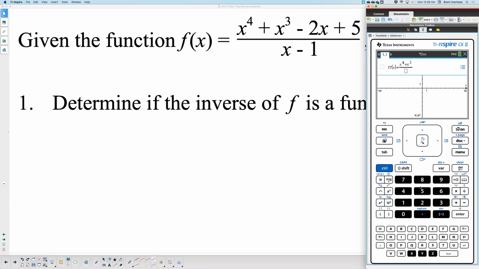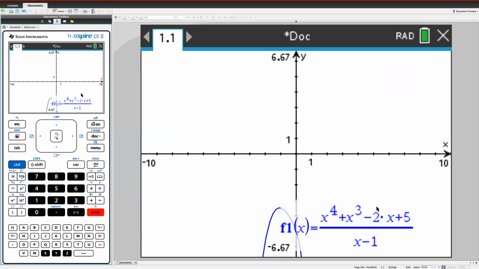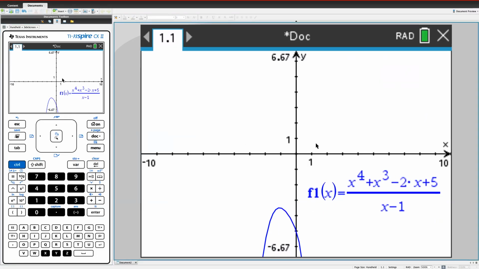Back up to the numerator: minus 2x plus 5, and x minus 1. Here's your equation: x to the 4th plus x cubed minus 2x plus 5, over x minus 1.